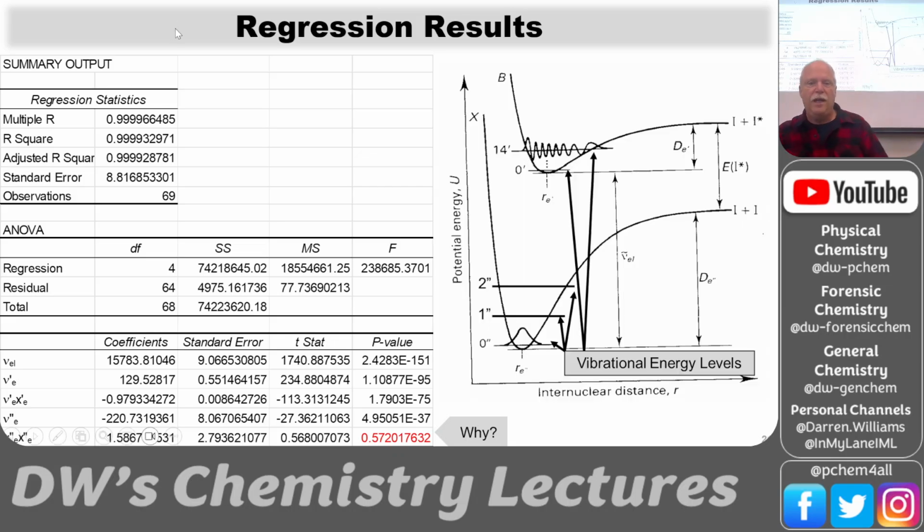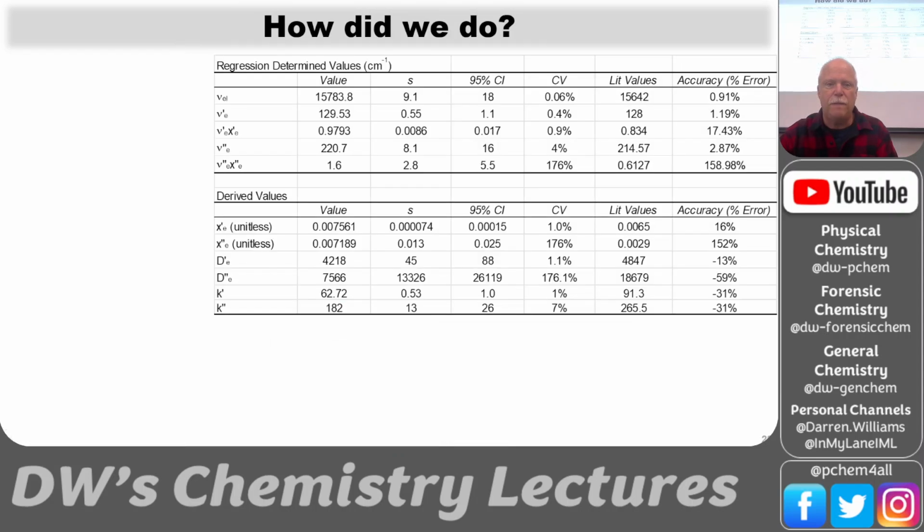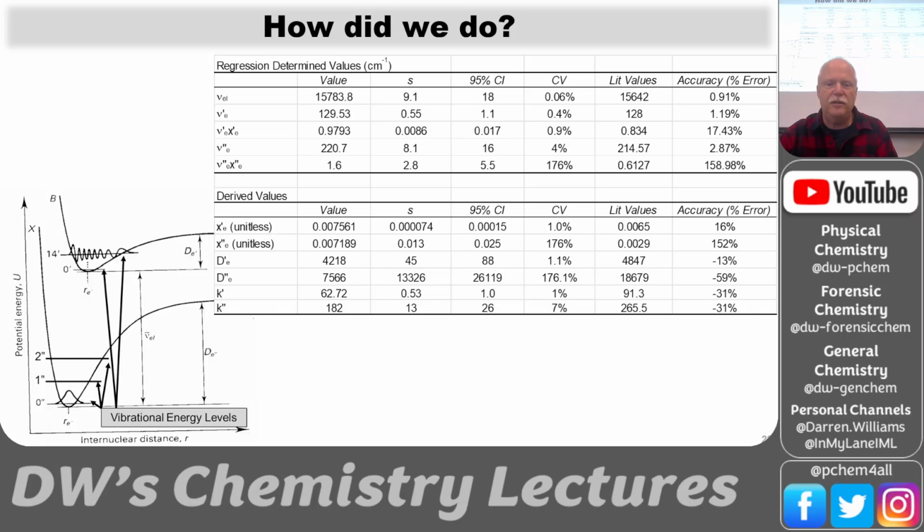Okay. That's just basically what I was telling you right there with the potential energy surface diagram. And so here's our literature values. And then we have the derived values. So the equations in the handout would help you get the DE. And then we have the force constant here too. And so here's our absolute errors and our accuracy.